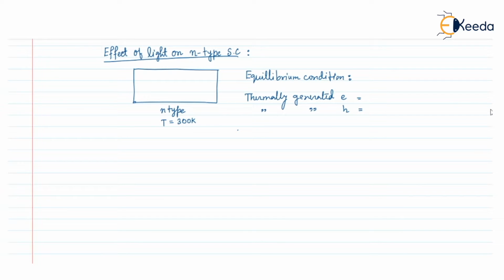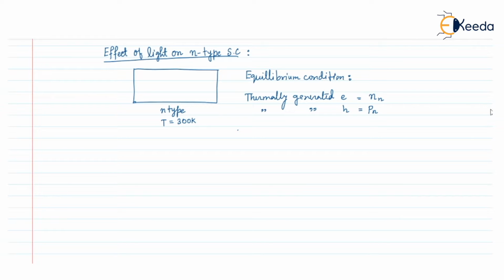Let us assume that the total electron concentration inside this N-type semiconductor is Nn, and the total hole concentration at the equilibrium condition is Pn.